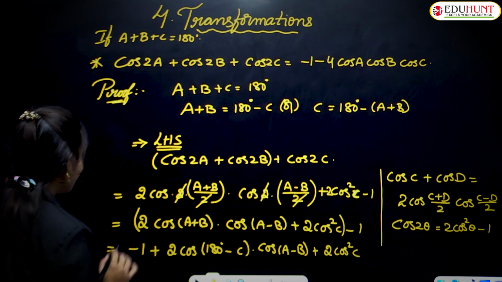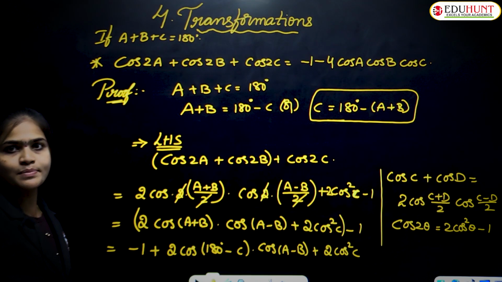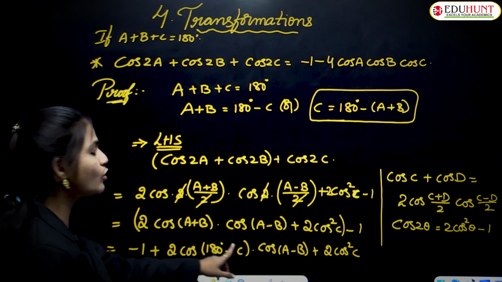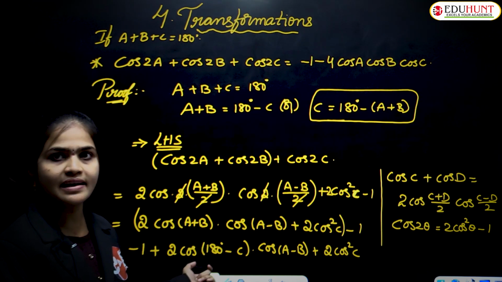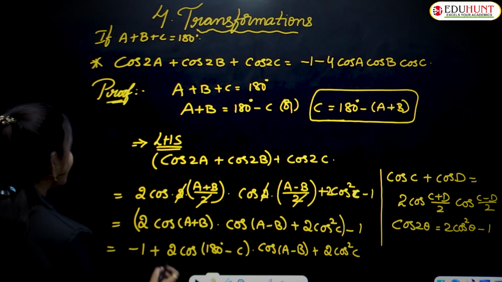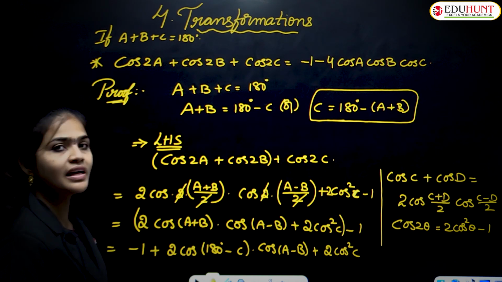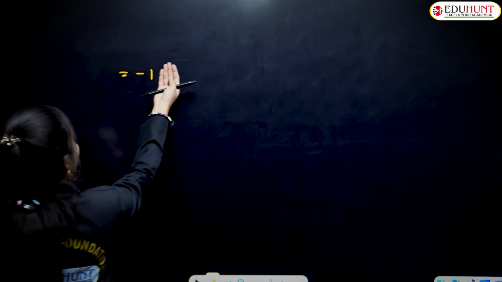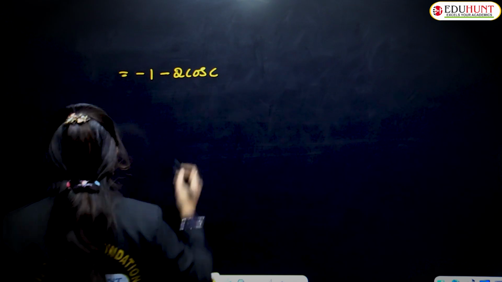Which is equal to minus 1 plus 2 cos (180 degrees minus c). Here 180 minus c is the second quadrant, and in the second quadrant cos is negative. And since 180 degrees is there, there is no change in the trigonometric ratio. So this becomes minus cos theta, and in the place of theta we have c. So it is minus 2 cos c.